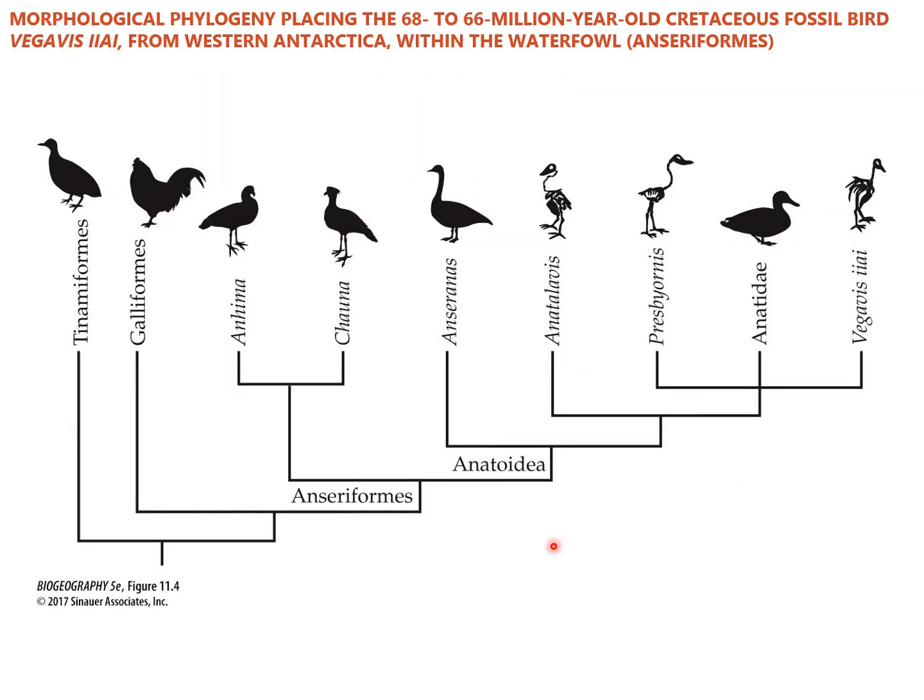Just as an example of this, this is a morphological phylogeny of waterfowl and bird species that places this one particular species, a 68 to 66 million year old Cretaceous bird, Vegavus. I'm not gonna attempt that, but it's from Western Antarctica, and is placing it within the waterfowl group here.